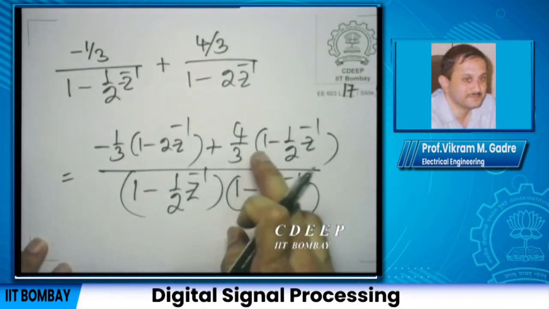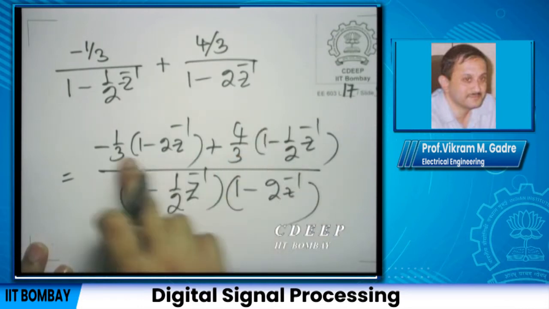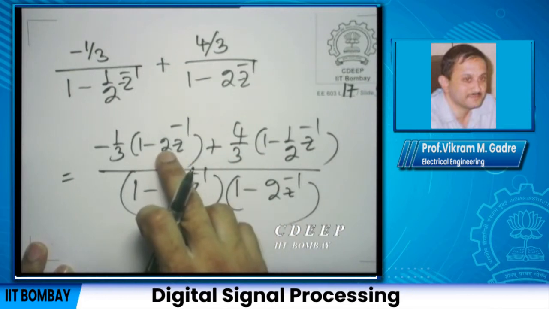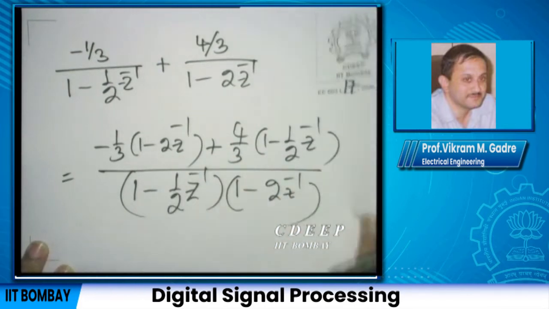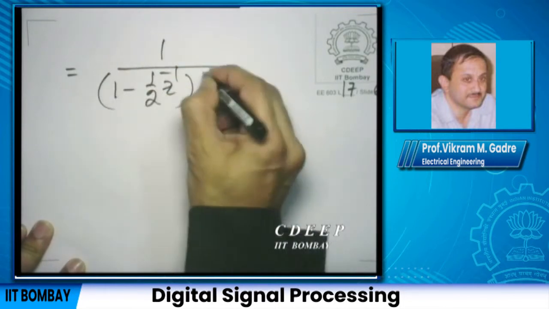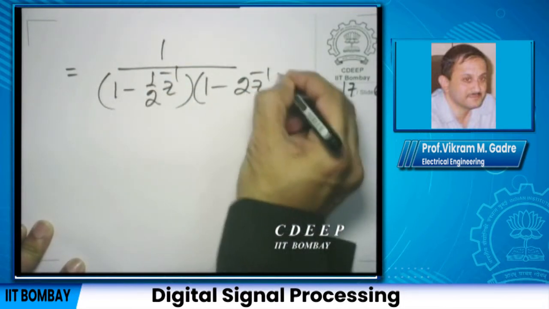And we can see that the constant term is 4 by 3 minus 1 by 3, that is 1. The coefficient of z inverse is minus 2 by 3 plus 2 by 3, that is 0. And therefore, we have this equal to 1 by 1 minus half z inverse times 1 minus 2 z inverse.